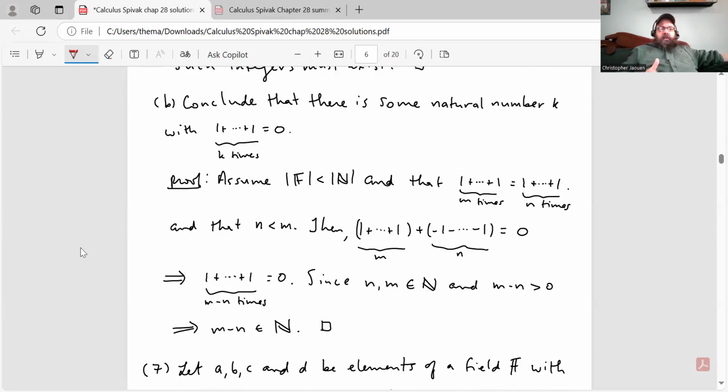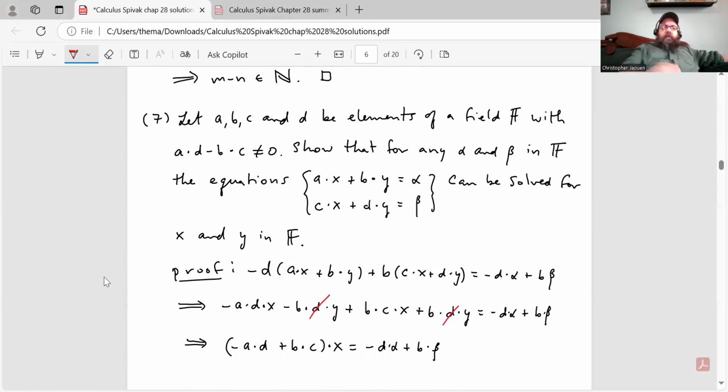That implies that the sum of one with itself m minus n times is equal to 0, since n, m is an element of N, and m minus n is positive, therefore m minus n is a natural number. Therefore, there is some natural number for which, when you take the sum of one with itself that many times, gives you the additive identity, the 0 element.